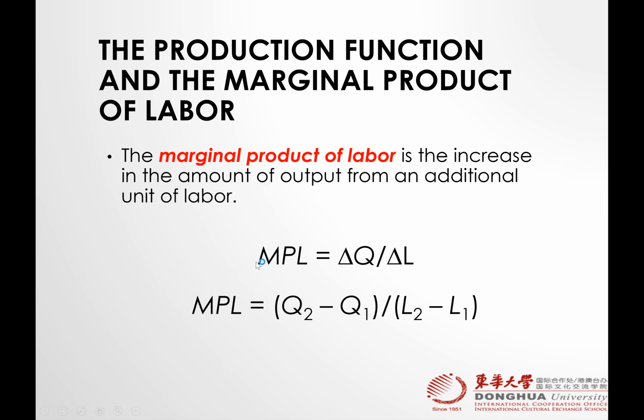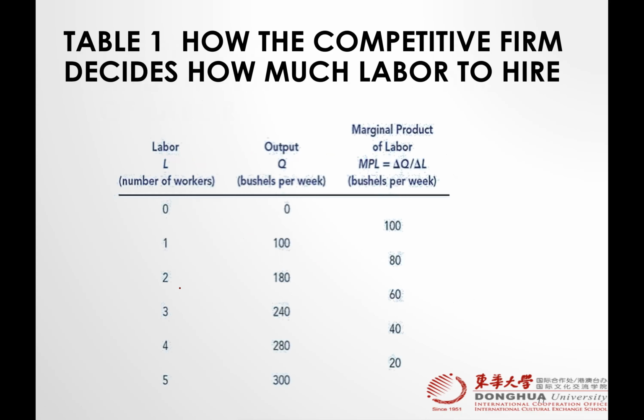And what is marginal product? Its formula is change in quantity divided by change in labor, which means Q2 minus Q1, new quantity minus old quantity, divided by new labor minus old labor. So where did this 80 come from?